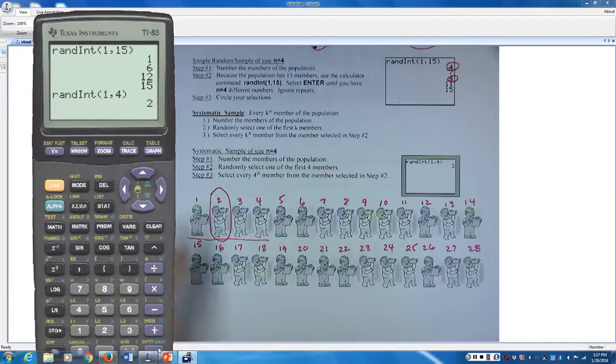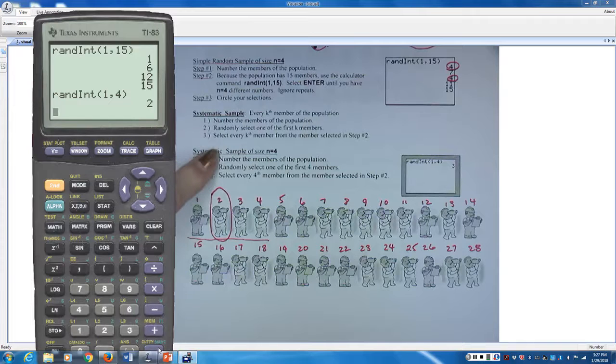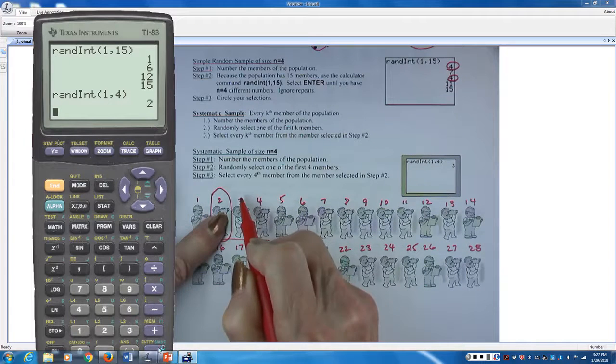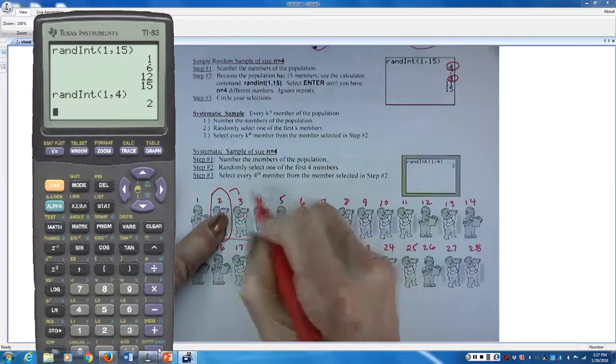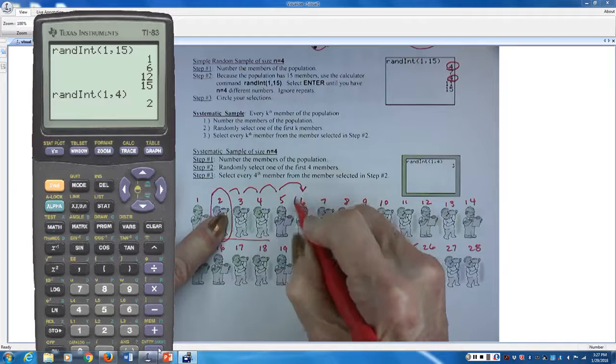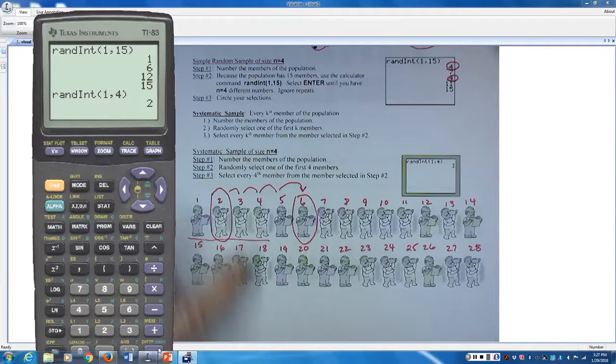Now, if I specifically wanted exactly 4 members, then I can't use the increment of 4, but this says select every 4th. Well, if I do that, this is person 1, 2, 3, 4. That person will be in my sample.